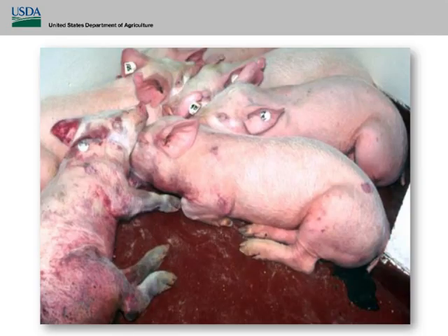So what does it look like? These are pigs that were infected with a very virulent strain of the ASF virus. You can see the hemorrhaging in the extremities, the legs of the pig all the way on the left, and its ear is bright purple. And you can see the bloody diarrhea on the floor there too.